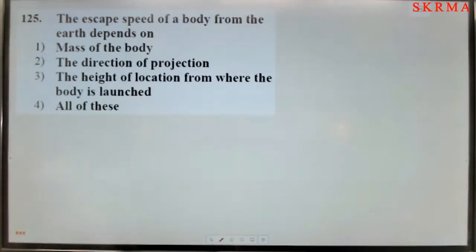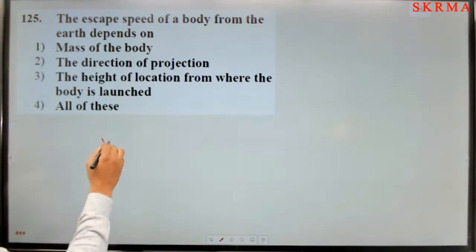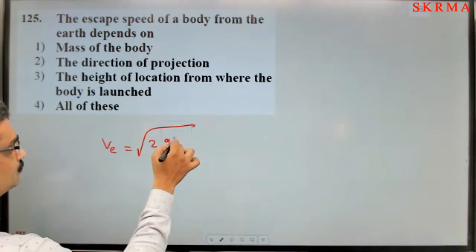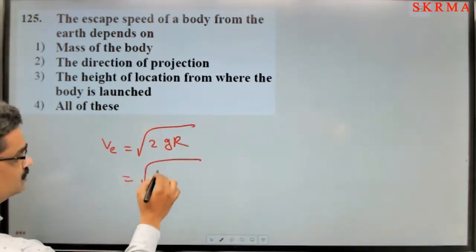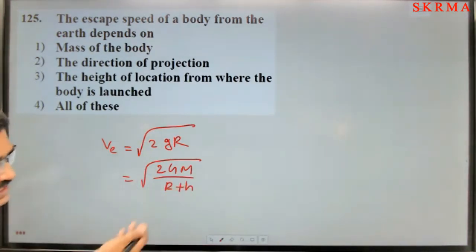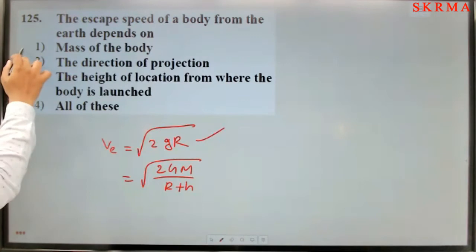Next, escape speed of the body from earth depends on. Escape velocity formula is square root of 2gR on the ground, or square root of 2GM by R plus h at a certain height. Now it depends on mass of the body?